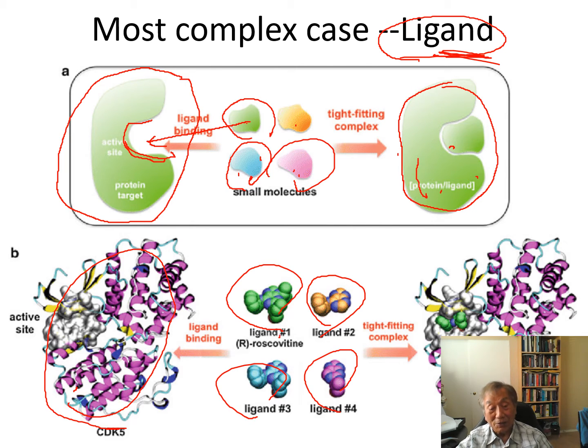So ligand number 1, number 2, 3, 4, like that. And someplace, let me see, this location is a little complicated and there needs to be some kind of changes, so that the green one comes in and plugs in.